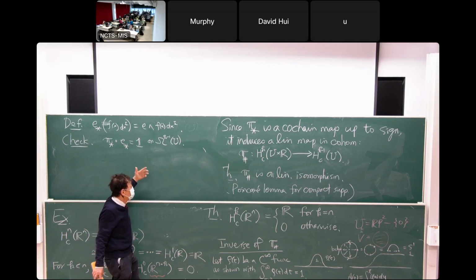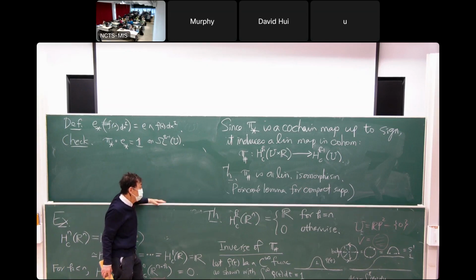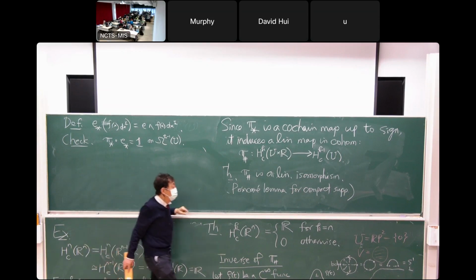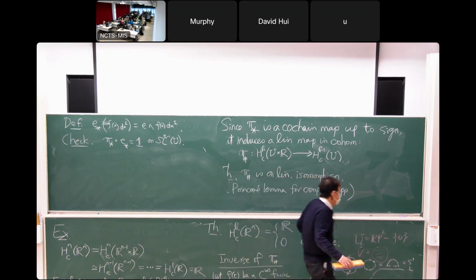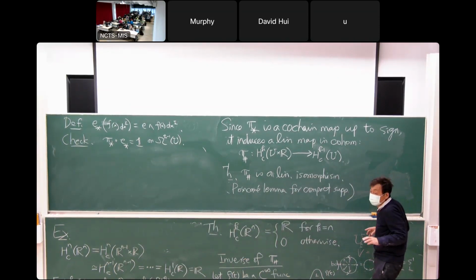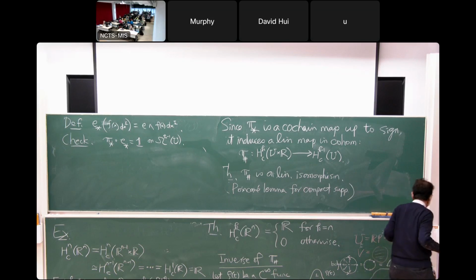Okay? So I don't think I need to write down the proof. Yeah, so we found an inverse on the level of forms, but we want an inverse on the level of cohomology.